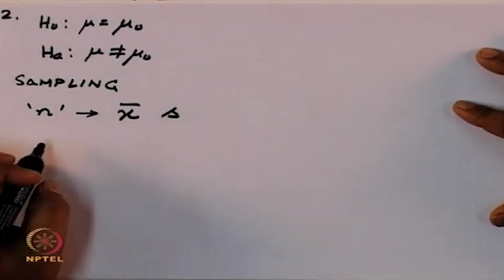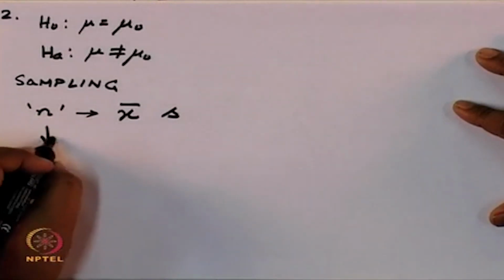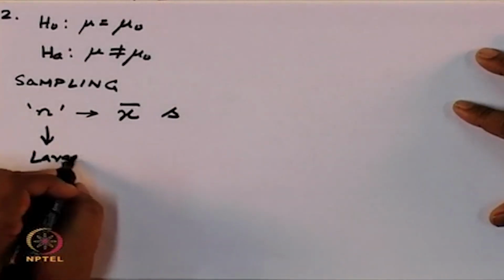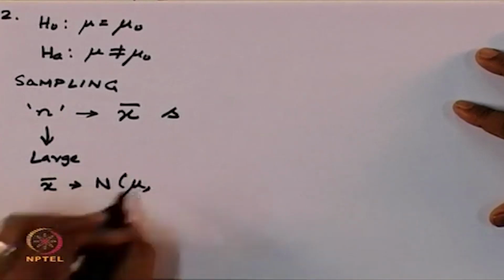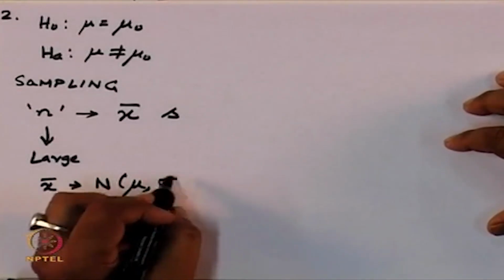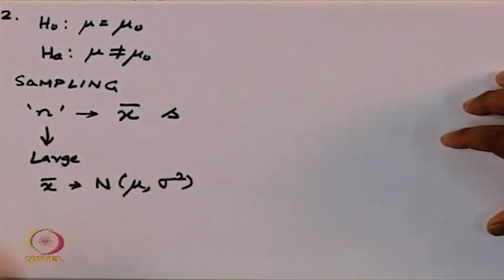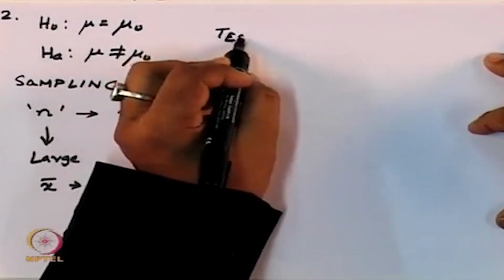Now, what you know from central limit theorem is, if your sample size is large, okay, then x bar follows normal distribution with mean of mu and variance of sigma square by n if this was the population. Okay. So, I can compute a test statistic. Okay.